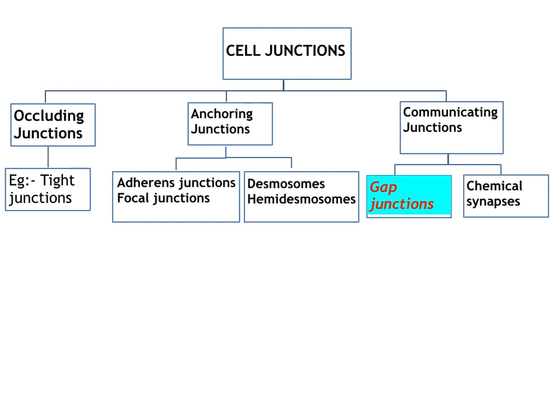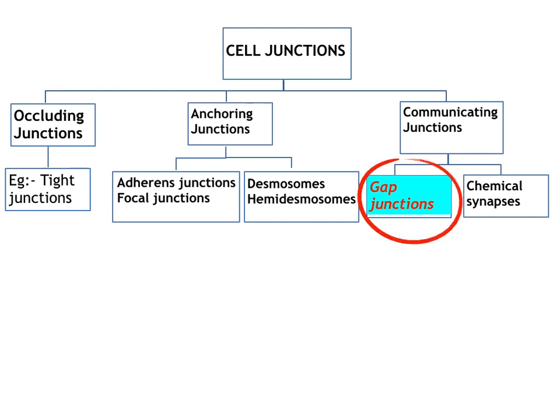Anchoring junctions are those junctions which attach a cell either to the basement membrane or to another cell. These include examples like adherens junctions, focal junctions, and desmosomes, hemidesmosomes. Then the communicating junctions, which allow communication between two cells, will include gap junctions and chemical synapses.